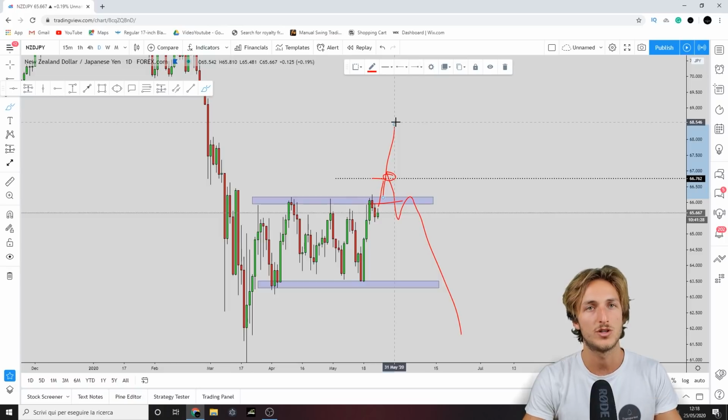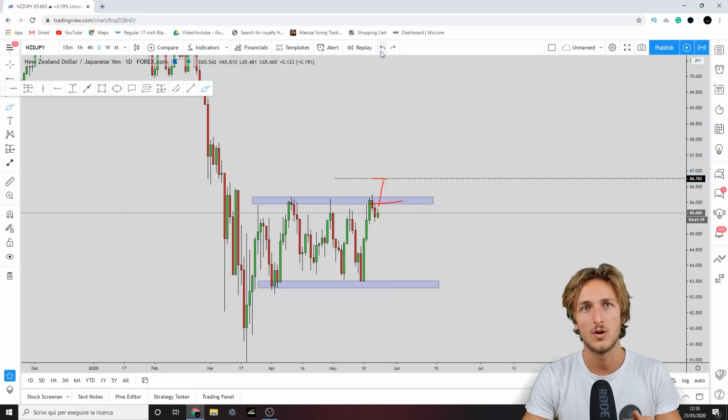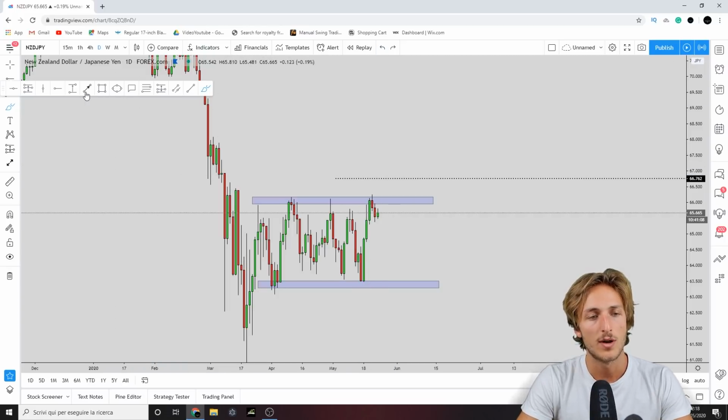Your job as a trader is to react to what the market will show you according to the rules of your rule-based strategies. You can't predict the market, but what you can do is control your account, control your trading, and have a rule-based strategy. So how things can actually play out here on NZD JPY. Now, what happens most of the times, there is no 100% in the market.